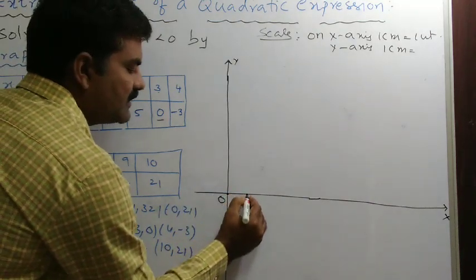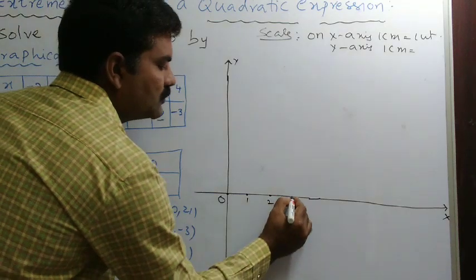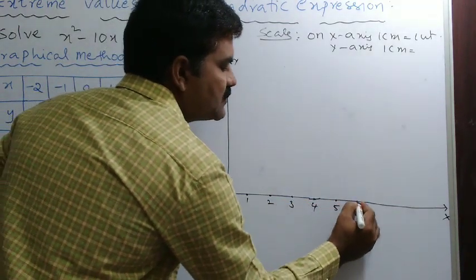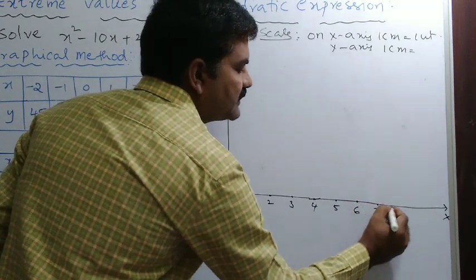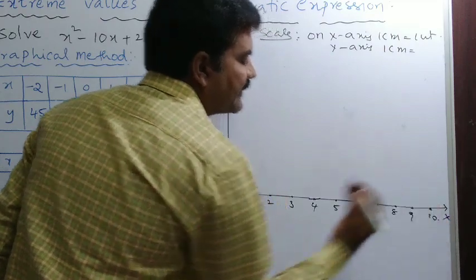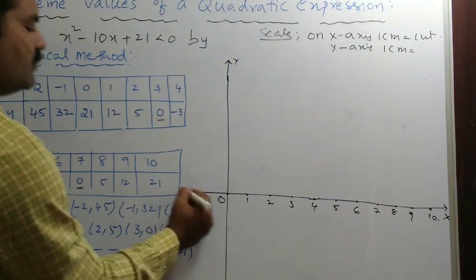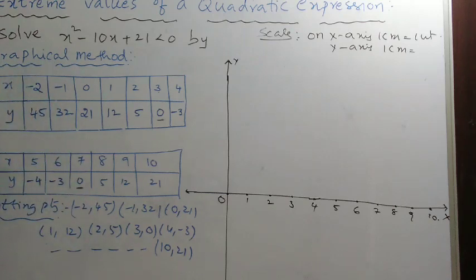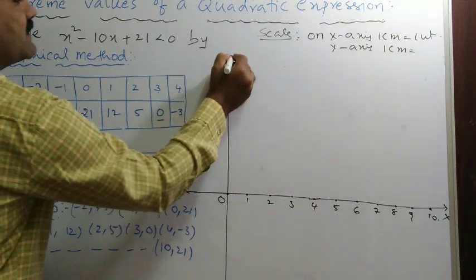Let me go with 1, 2, 3, 4, where 1 centimeter is equal to 1 unit, then 7, 8, 9 and 10. Of course here we can take, but still there is no space available, hence I don't want to go with the negative values of x. No problem, since they are not the zeros, it doesn't affect the graph. Okay, so these are the x and y axes.